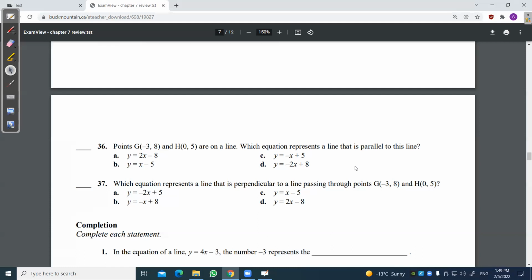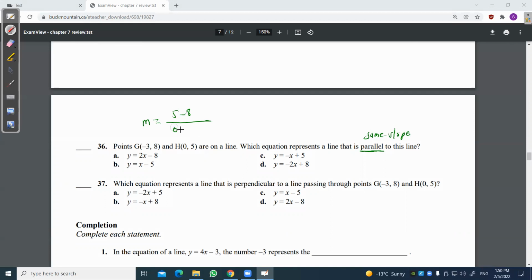Do you do something with the points? What do you do? Do you plug them in somewhere? No. It's asking us which equation represents a line that's parallel to this line. Parallel means same slope. So we want to find the slope between these 2 points. We do 5 minus 8 on the top.